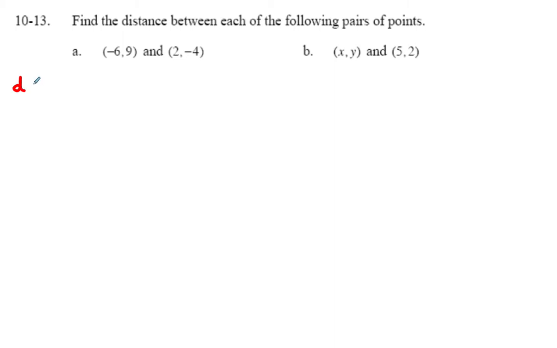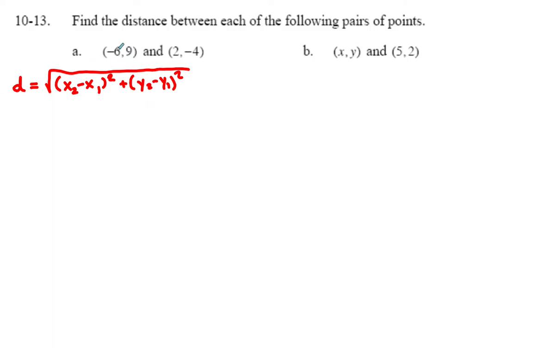So our distance formula, remember, d equals the square root of (x2 minus x1) squared plus (y2 minus y1) squared. Pretty easy to remember. This comes directly from the Pythagorean theorem, but if you don't know that, you'll have to go back and look at some of the older videos to see how the connection is made.